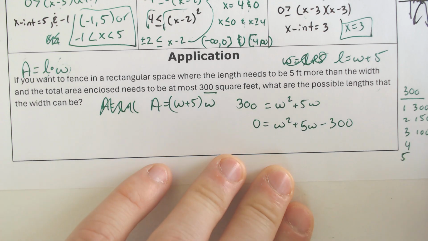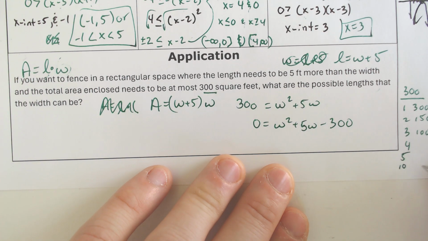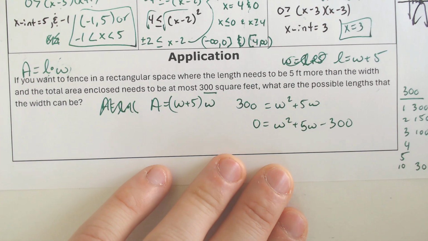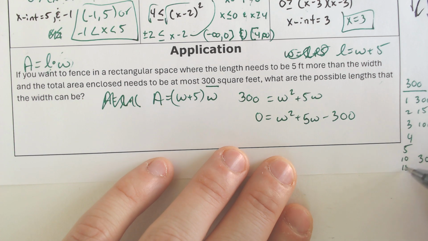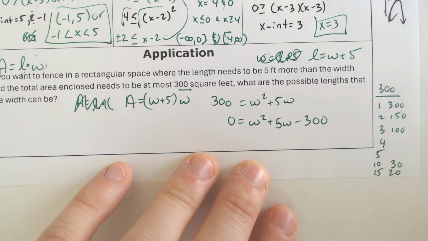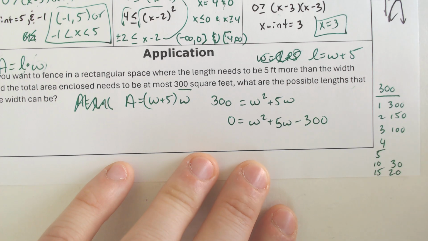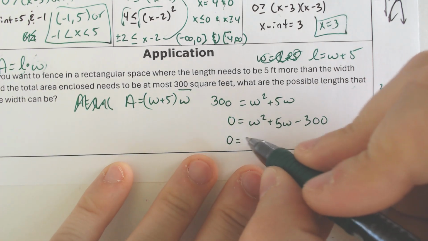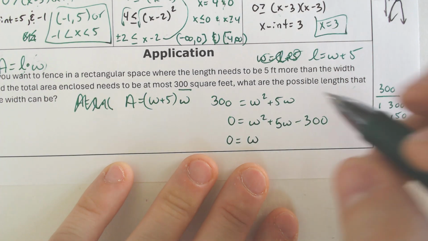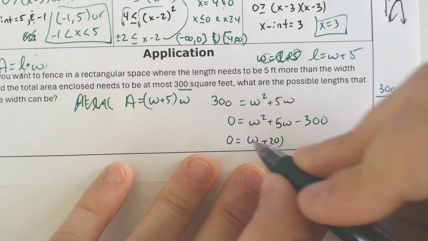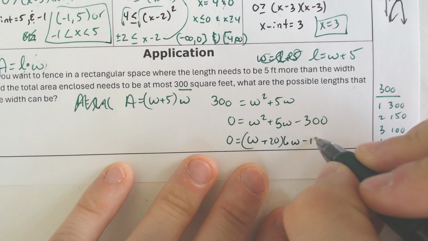I don't think it's 4. 5. Maybe 10. 10 is 30. So we're getting closer. What is 300 divided by 15? I think it is 20. I believe it is. 20 times 15. Yeah. So that means it is going to be w plus 20 and w minus 15.